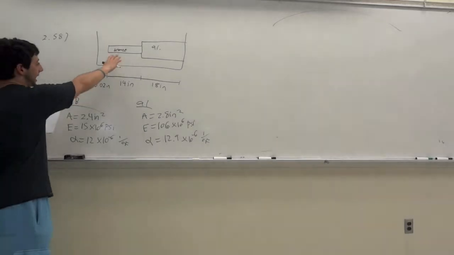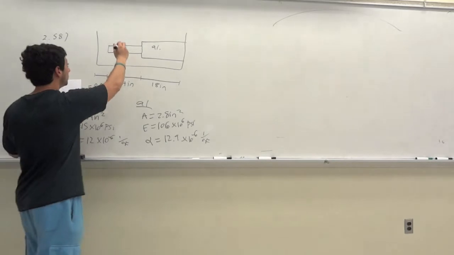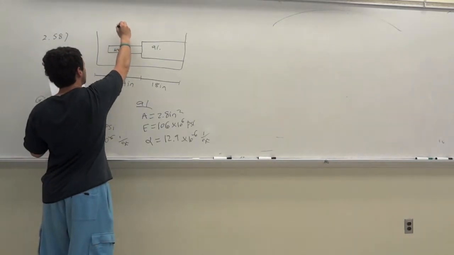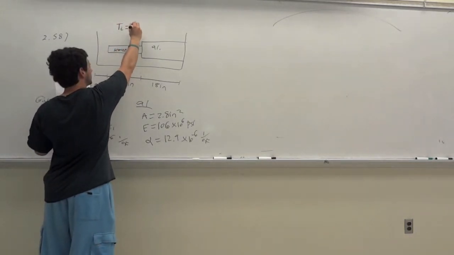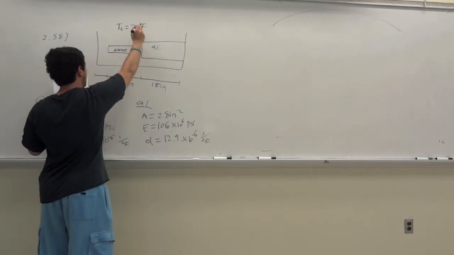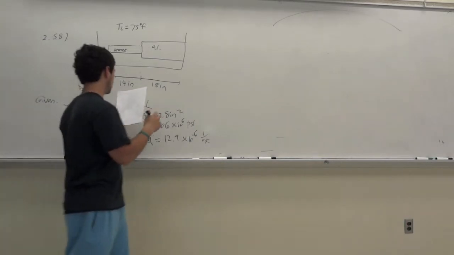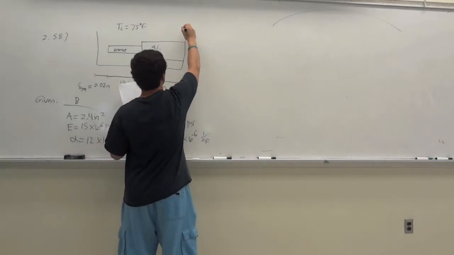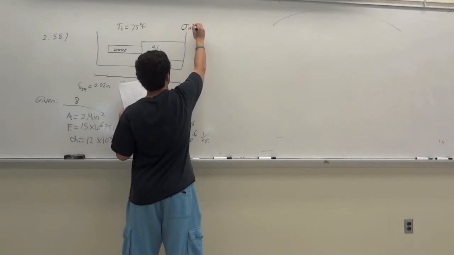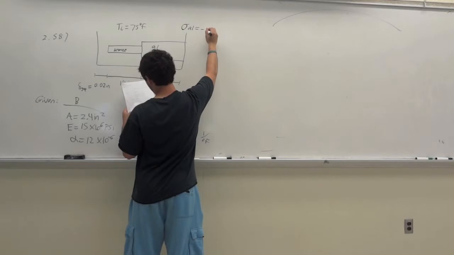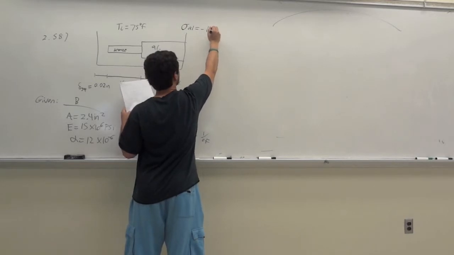So as this is the initial temperature of this whole setting, Ti is equal to 75 degrees F. And they're asking, what is the final temperature when the normal stress in the aluminum bar is minus 11 ksi? So they also give you this piece of information. The normal stress of the aluminum is equal to minus 11 ksi.